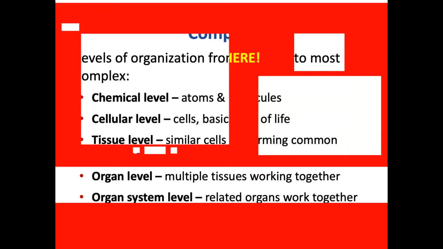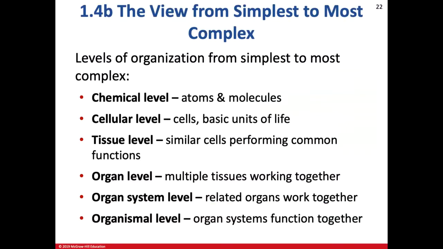Okay? So when we look at a living thing, we can go from a very simple level of organization to a very complicated one. All right? We can begin at the chemical level with atoms and molecules. We can graduate from there to the cellular level, which are the smallest units of living matter.